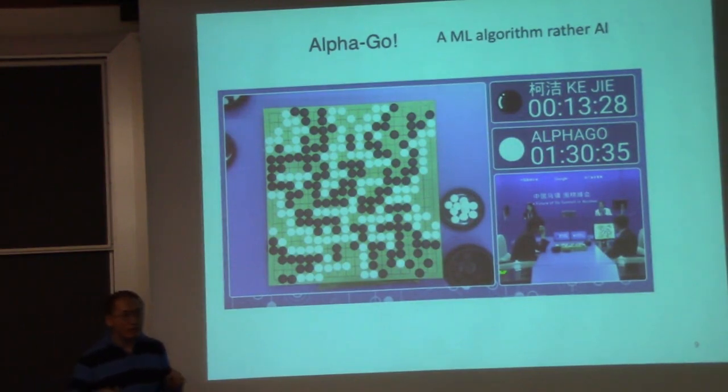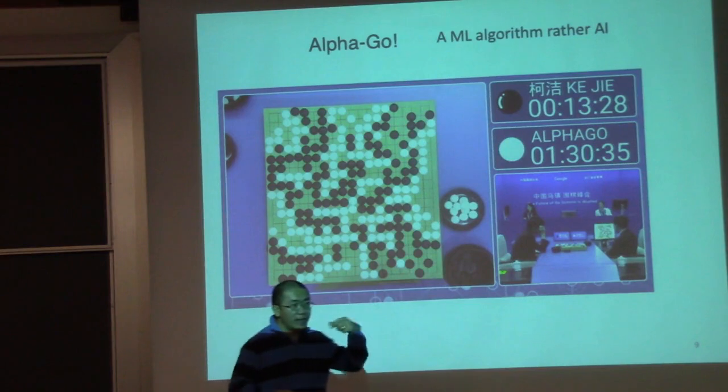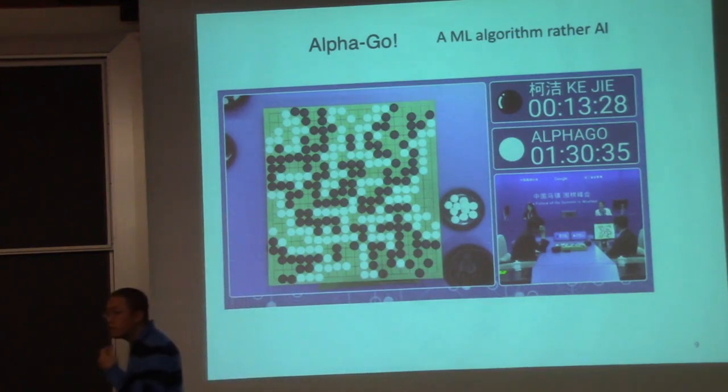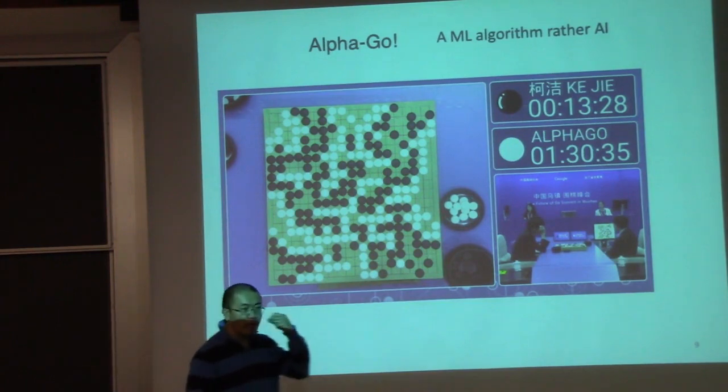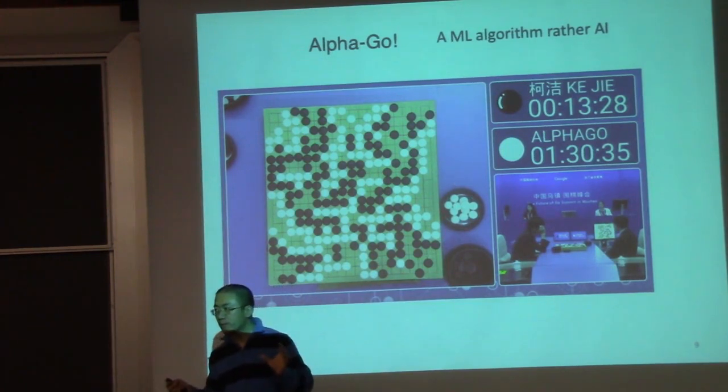But I can tell you, Go game is way more complex than chess. The reason is the number of states in Go game. That means if two players sit at the table and play around, every time you place a white stone and you place a black stone, alternatively until finish, the number of such ways to finish one round is way more than the total number of atoms in the universe.